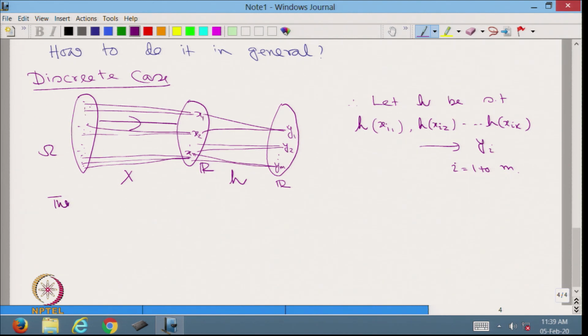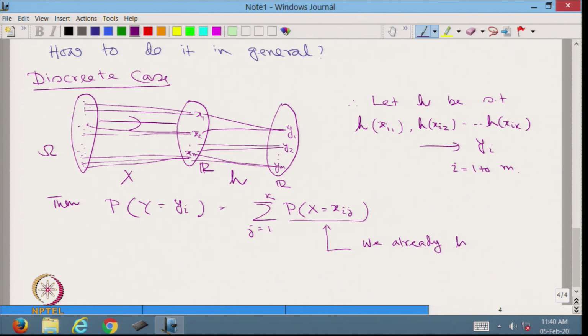Then probability y is equal to y_i is equal to sigma probability x is equal to x_ij, j is equal to 1 to k. And we know that these probabilities we already have, as x is a random variable whose PMF is known.